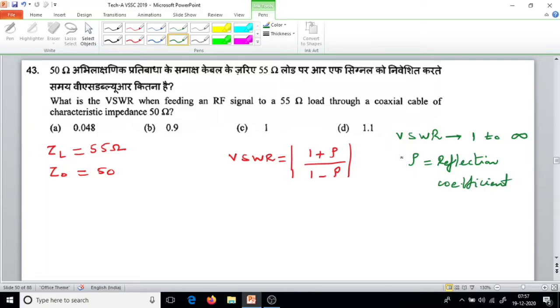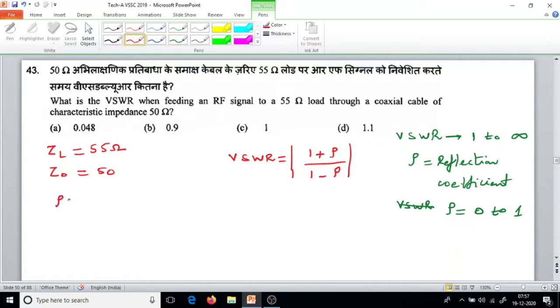VSWR is the voltage standing wave ratio, that's the full form, and it can vary from 1 to infinity. Rho, the reflection coefficient, can vary from 0 to 1. This you should remember.